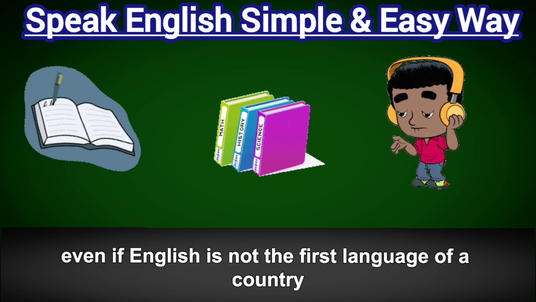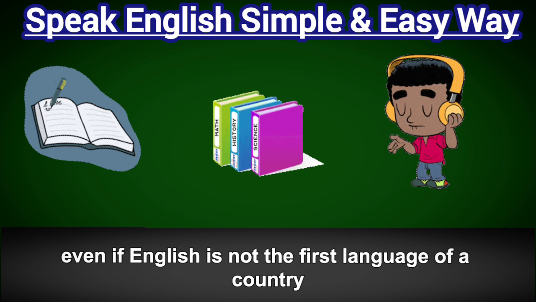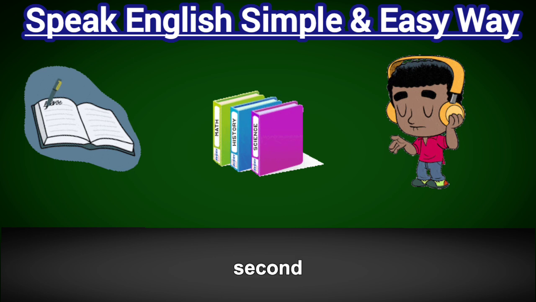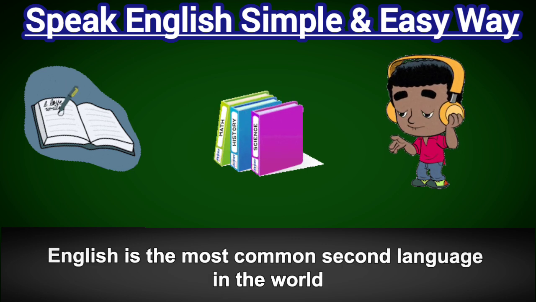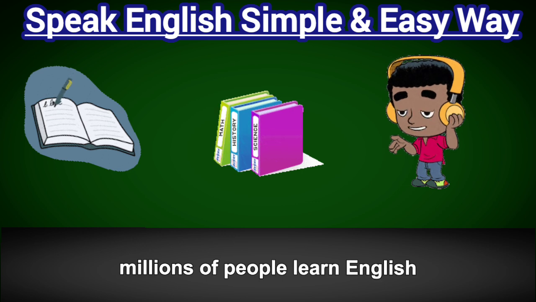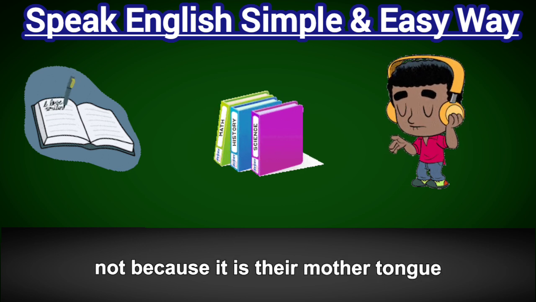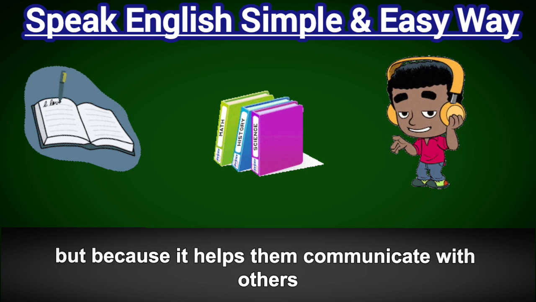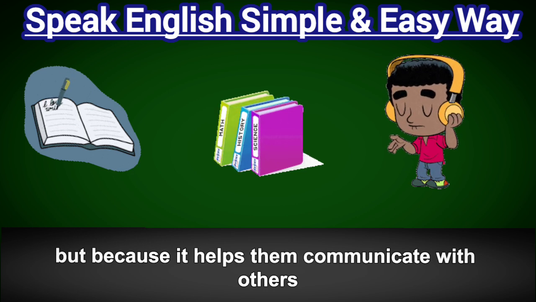This means that even if English is not the first language of a country, it is still used in important areas of life. Second, English is the most common second language in the world. Millions of people learn English not because it is their mother tongue, but because it helps them communicate with others.